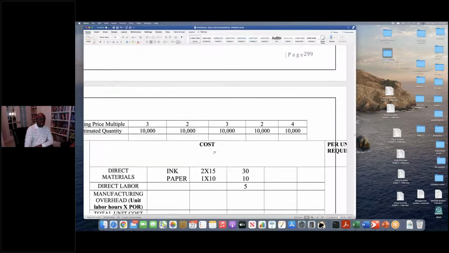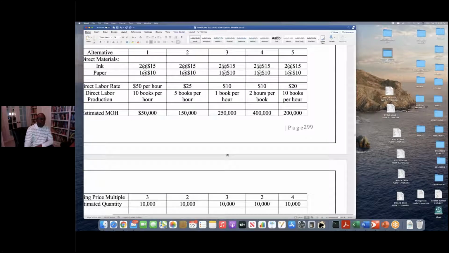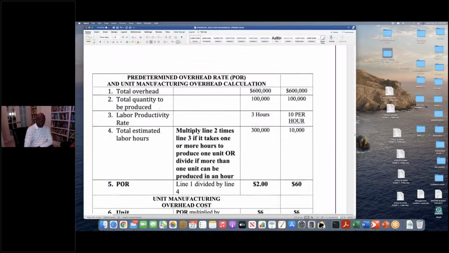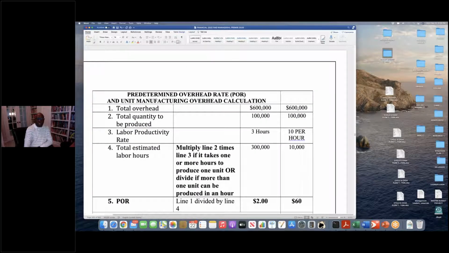Okay, now we need to look at our POR so we can get our manufacturing overhead. So we know that we're making 10 books per hour, right? Yes. So where's this formula at?